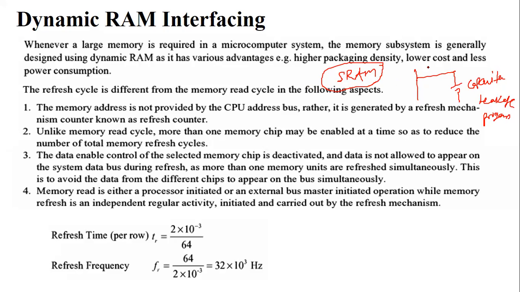But in DRAM, the data is stored in capacitors, so there is a leakage problem. The capacitor has the leakage effect, so you would lose the data.